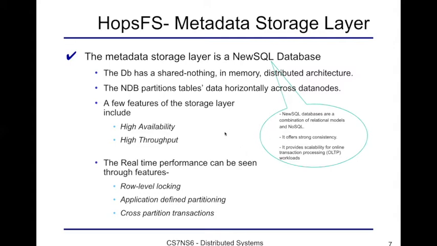A few features of the storage layer include high availability and throughput, and the real-time performance can be seen through features such as row-level locking and application-defined partitioning, which allows the user to override the default partition of the network database. Application-defined partitioning will be covered in detail later in this lecture. It also provides parallel transactions that can run across multiple partitions.